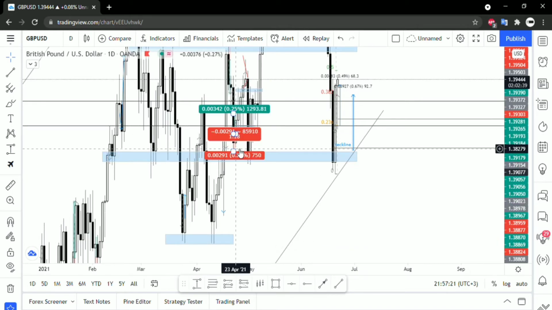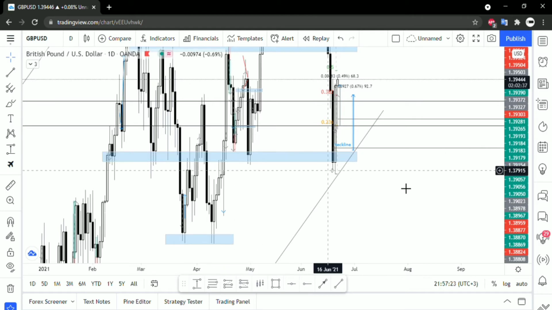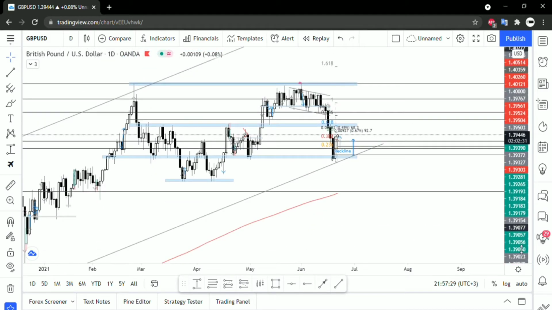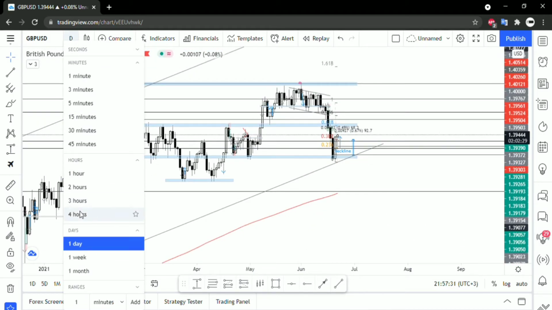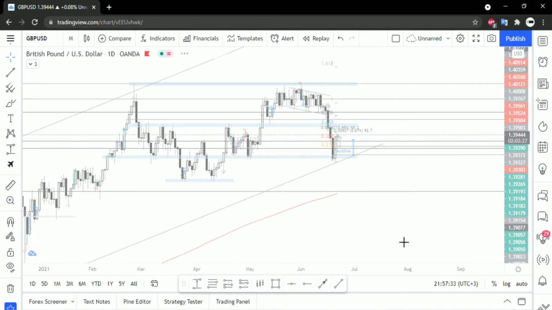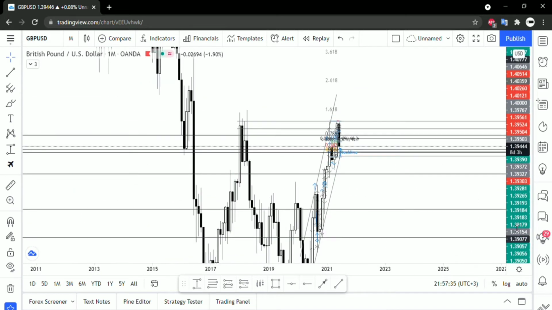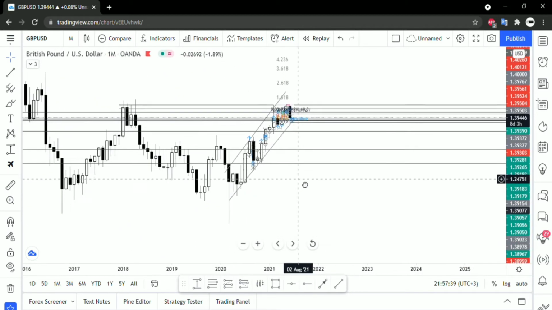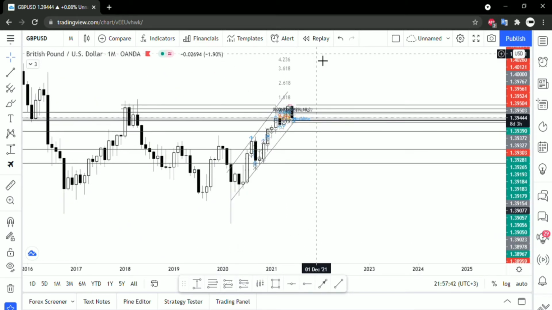It had become a very huge support line. And in the bigger, broader sense, we are respecting a certain upward trend here. In a bigger perspective, we're respecting these trend lines right here.